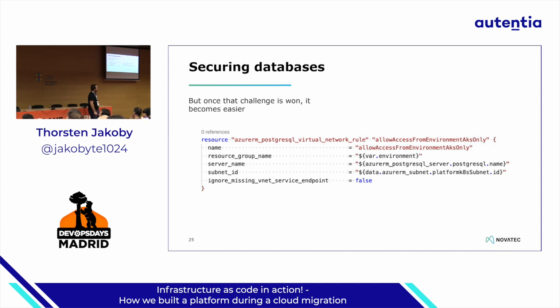And with that, once that endpoint has been created, we can go back to usual Terraform. We can create a network rule, which allows that subnet we just looked up before in order to connect. And by doing that, we created those processes which we want.